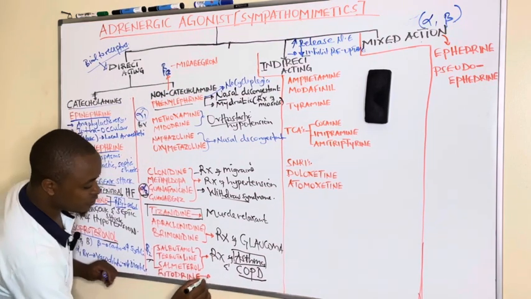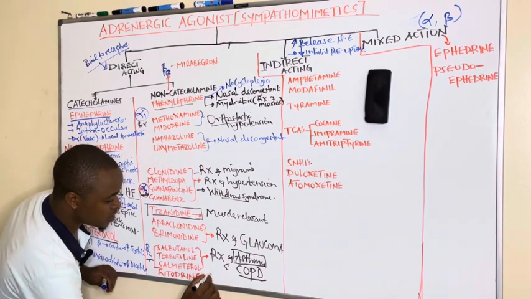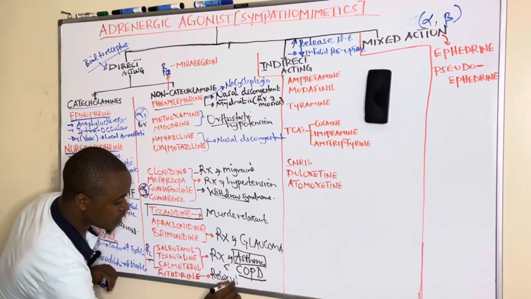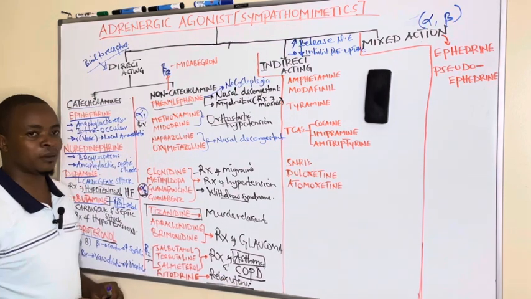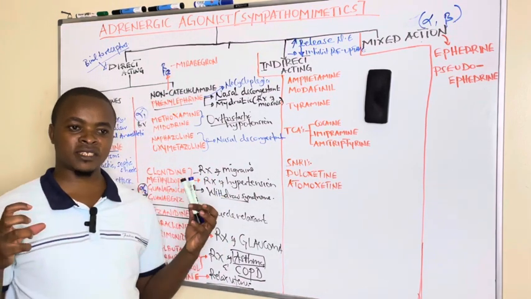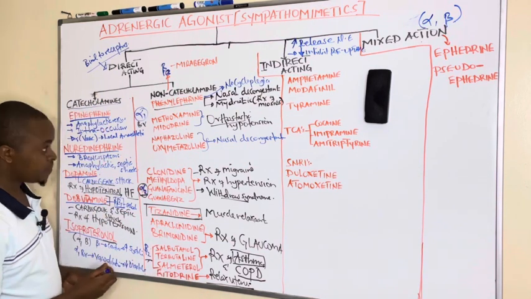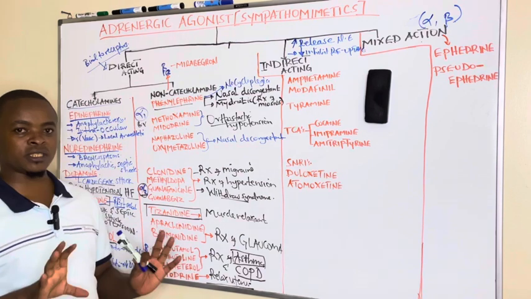Then ritodrine targets the beta 2 in the uterus, and it causes the uterus to relax. So whenever someone has threatened abortion, maybe there is increase in the contractions of the uterus in pregnancy, we can always apply ritodrine to help relax the uterus.